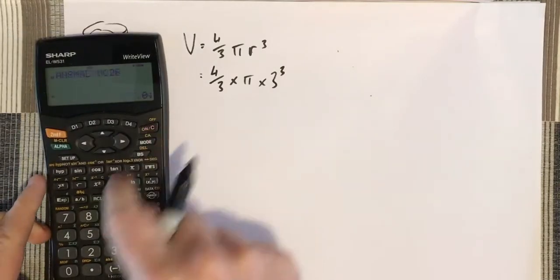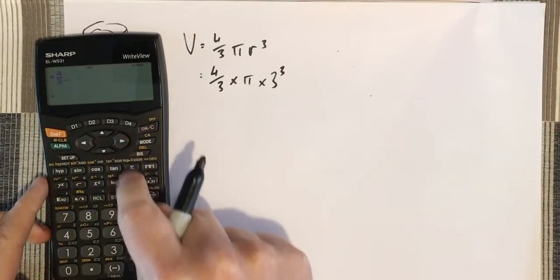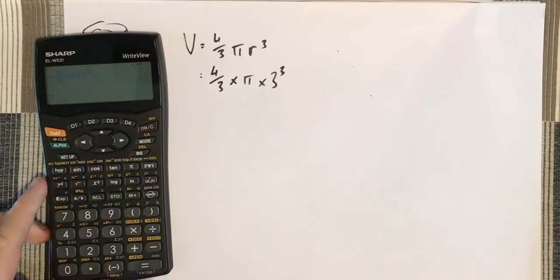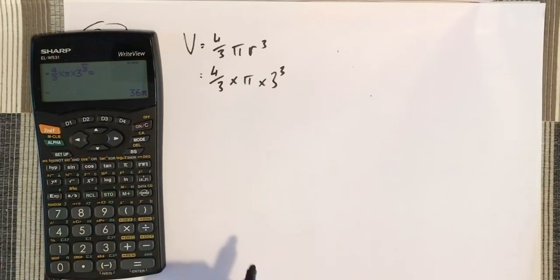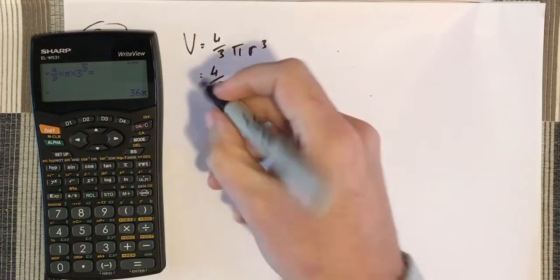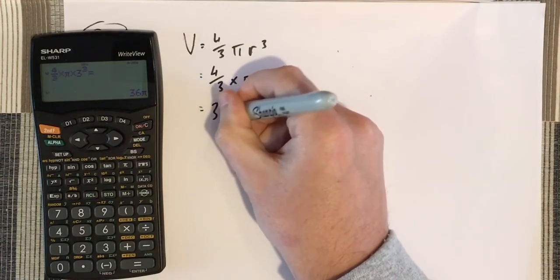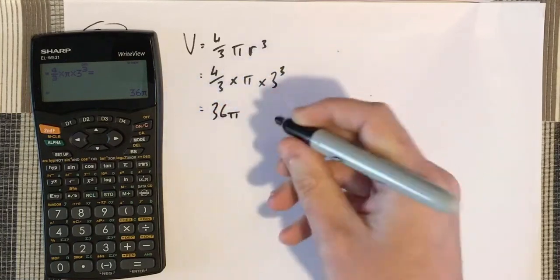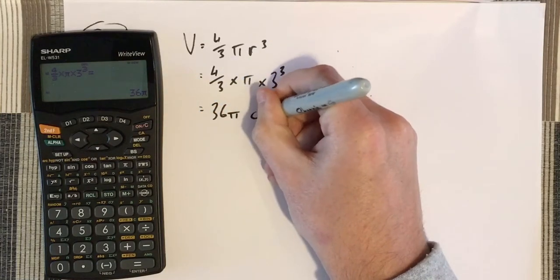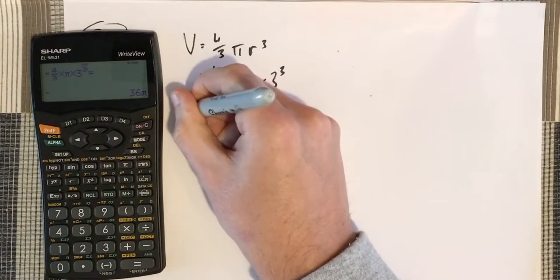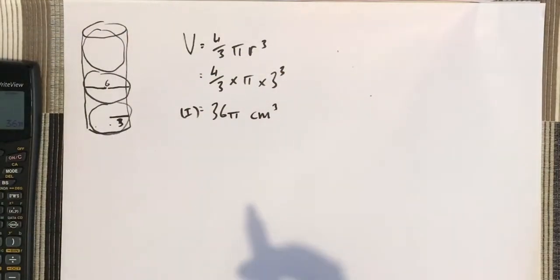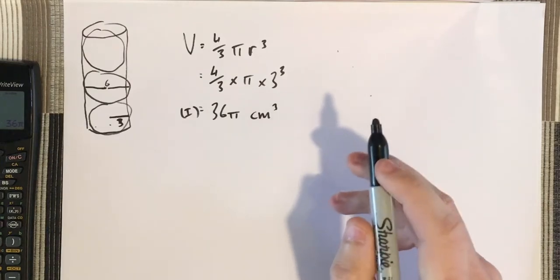On the calculator, 4 over 3 multiplied by pi multiplied by 3 cubed is 36 pi, and in terms of pi, that's the answer I want. So 36 pi. It is still centimeters cubed, so do still put your units in centimeters cubed. And that's answer 1.